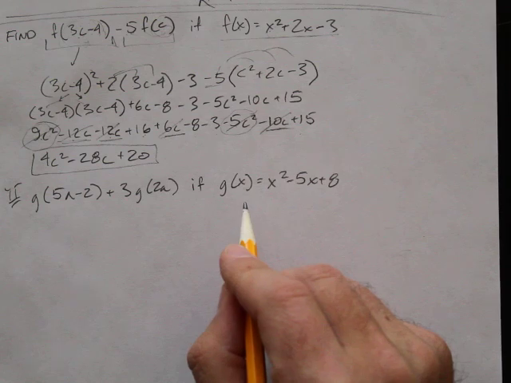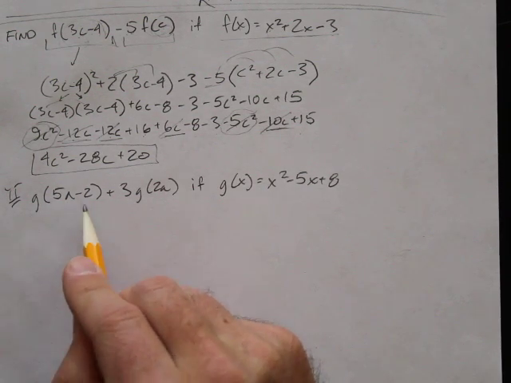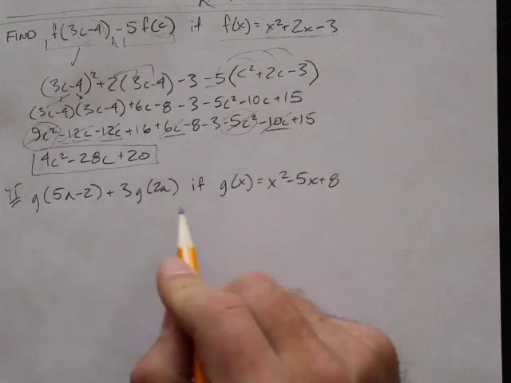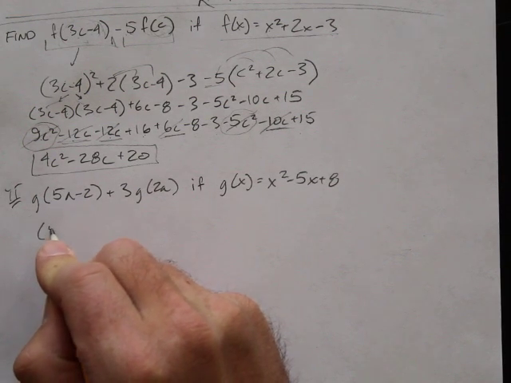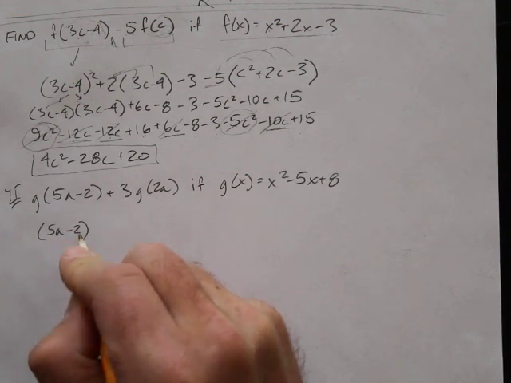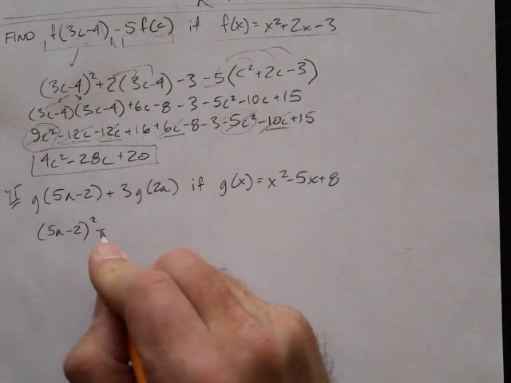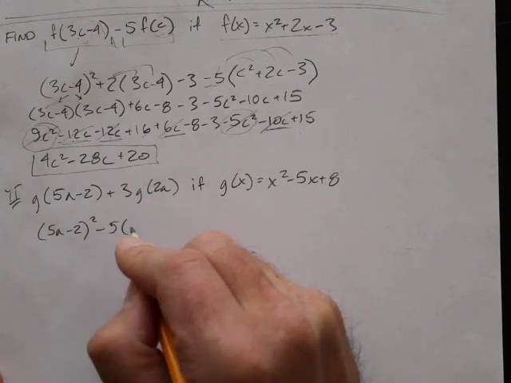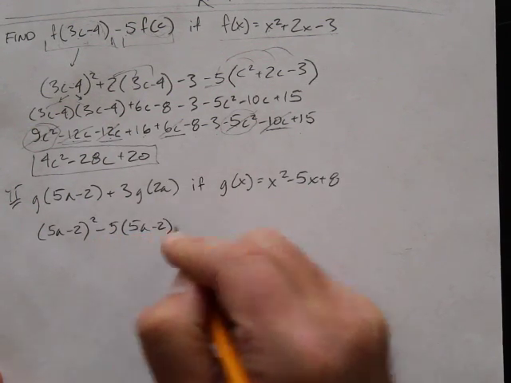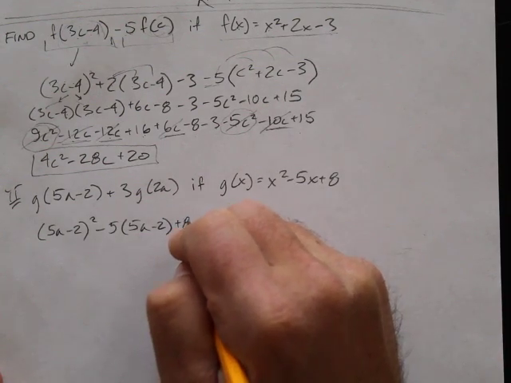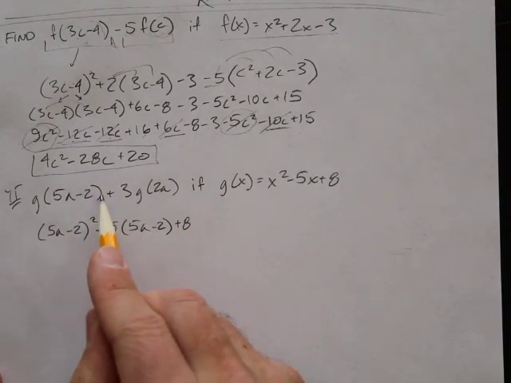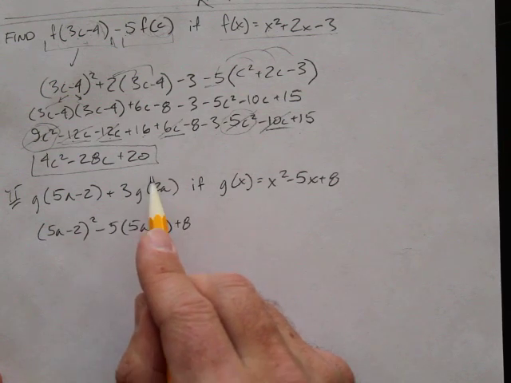Welcome back. Let's try this out. So I'm just going to plug this in for my x values here. So 5a minus 2 squared minus 5 times 5a minus 2 plus 8. So now I've taken care of this mess. Now I need this one.